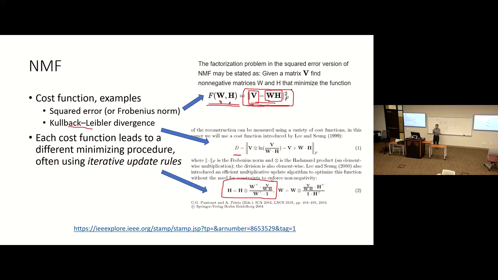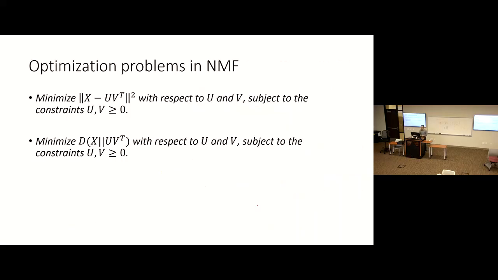So the distance becomes as small as possible step by step. So the algorithm iterates the values inside W and H so that in the end they match the observation.